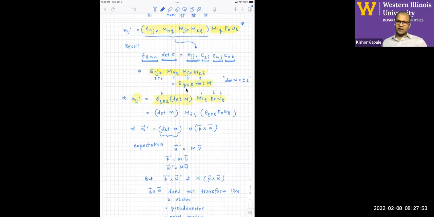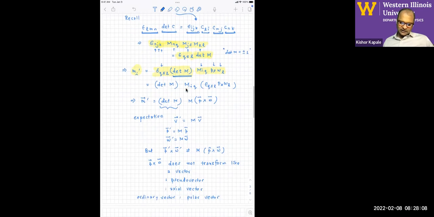M would transform it, but now you have this extra determinant of m cropping up there somehow, which is a little tricky, which makes it different from what you would expect normally, right? So let's manipulate this a little bit more carefully so we see that difference. Let's pull out the determinant here.